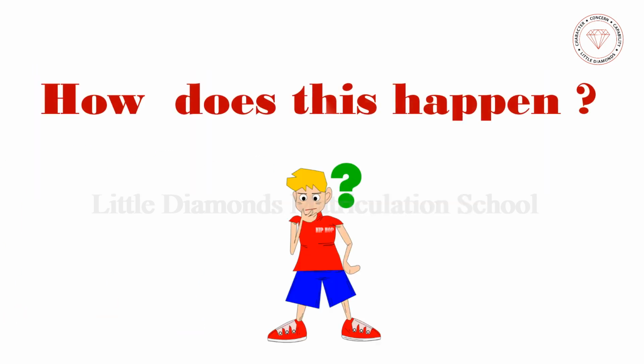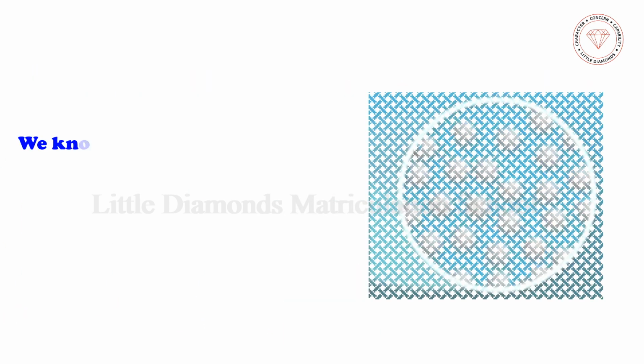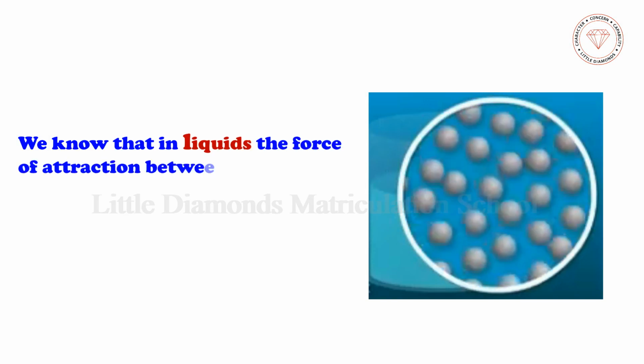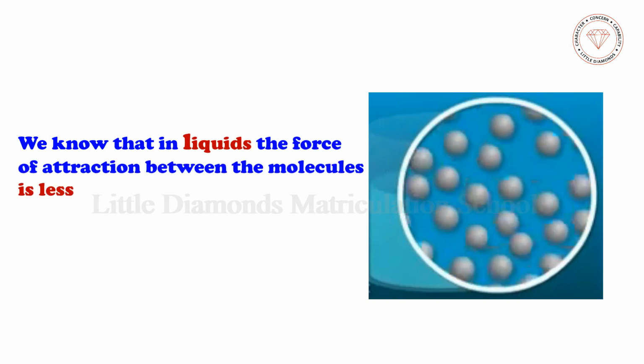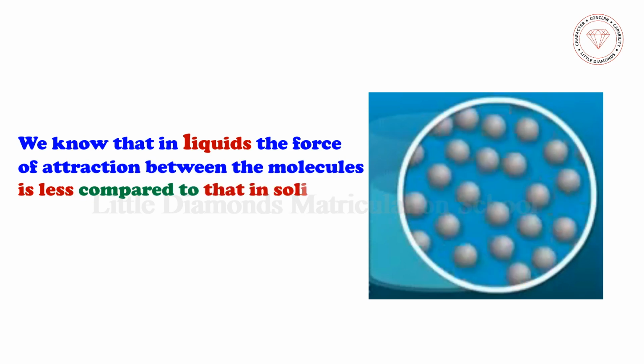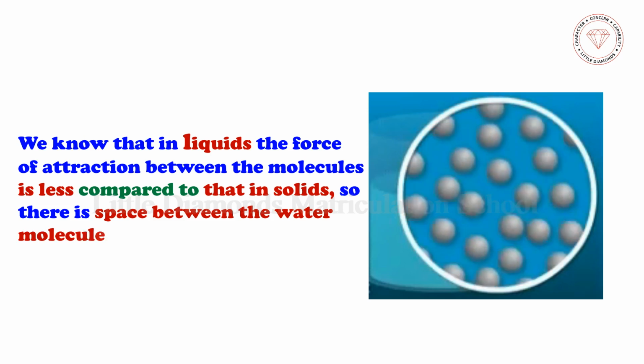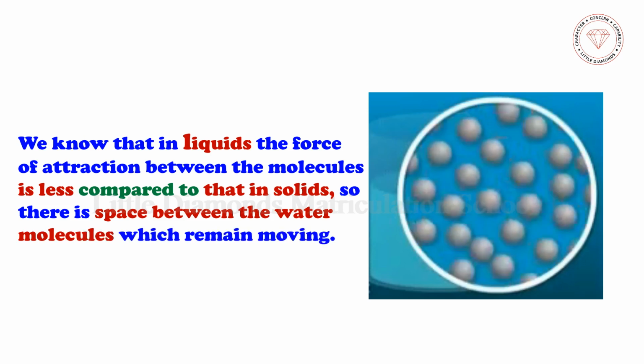How does this happen? We know that in liquids, the force of attraction between the molecules is less compared to that in solids. So there is space between the water molecules, which remain moving.